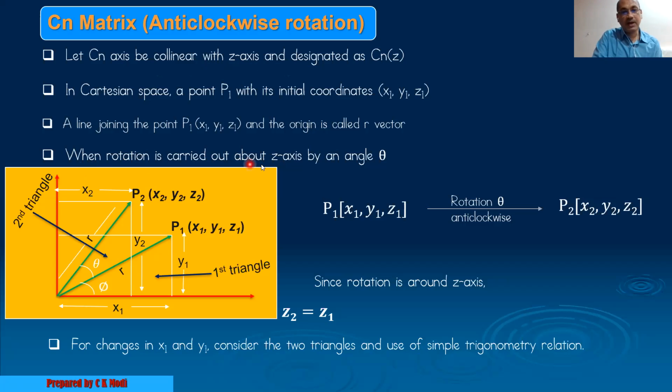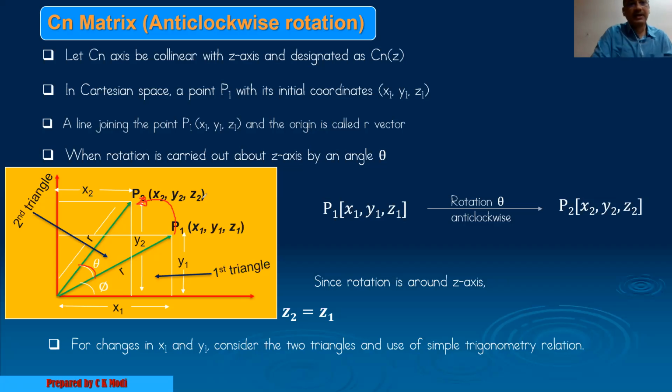So when rotation is carried out about the z-axis by an angle theta, if I rotate in an anti-clockwise direction about an angle theta, we get the new point called P2 with its final coordinates x2, y2 and z2.